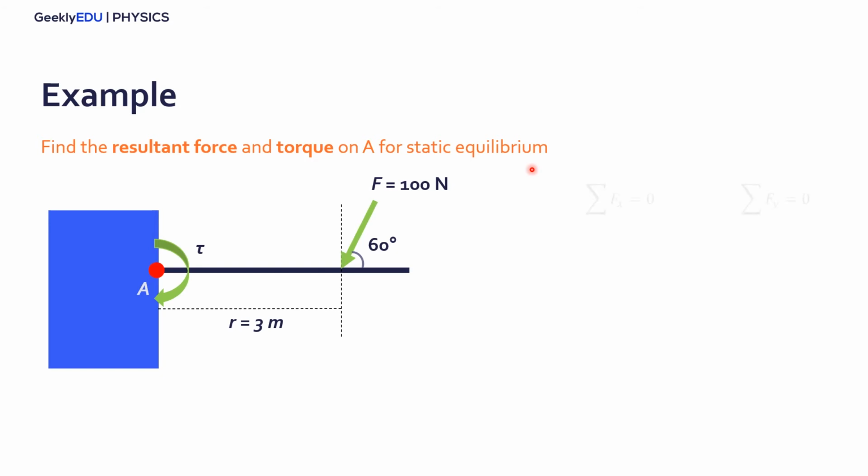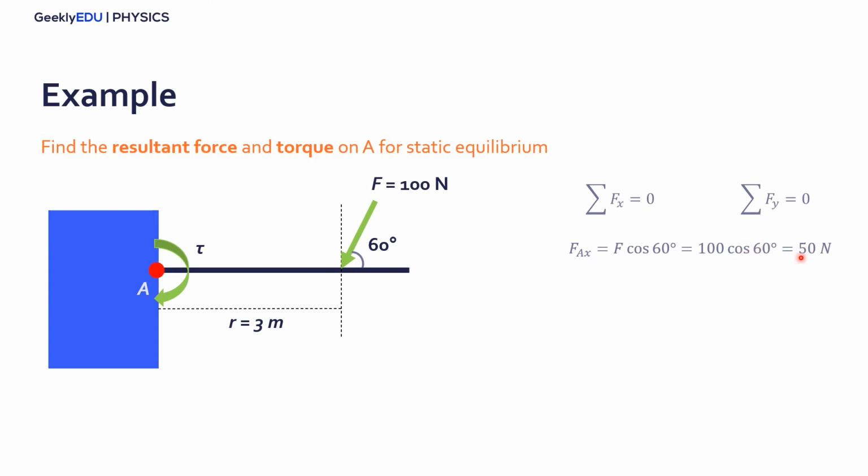So, okay, let's start with the forces. We have that the net force in the x direction is zero and the same for the y direction. For F_Ax, this force equals the component in the x direction, so it's F cosine of 60, which is 100 times cosine of 60 degrees.